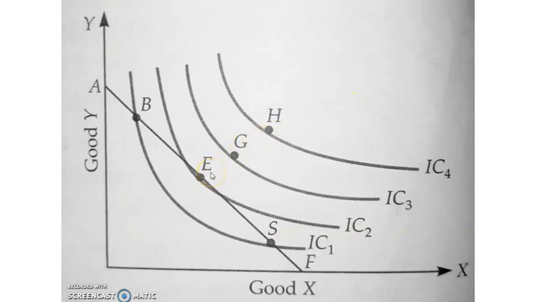Also their slopes cannot be equal. In these 2 points, the slope of the indifference curve is not equal to the budget line.